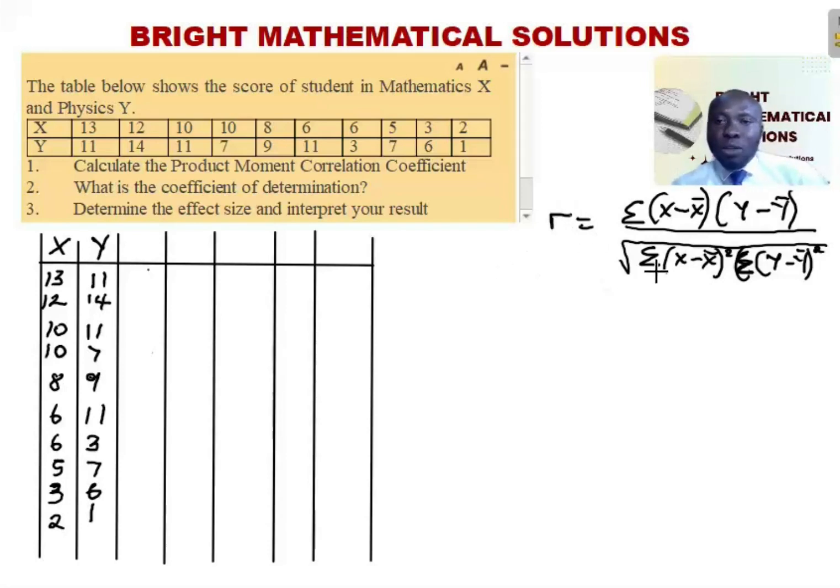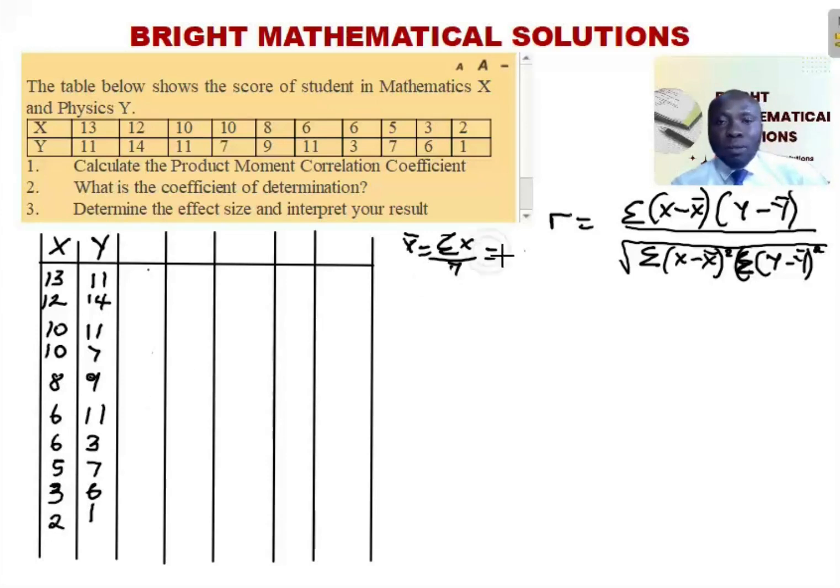Now the first thing is to look for our X bar and Y bar. So what is X bar? X bar is the mean of X and Y bar is the mean of Y. To get the mean of X, X bar equals summation X over N. So let us calculate the values of X: 13 plus 12 is 25, making 35, 45, 53, 59, 59 plus 6 is 65, 70, 73, and 75.